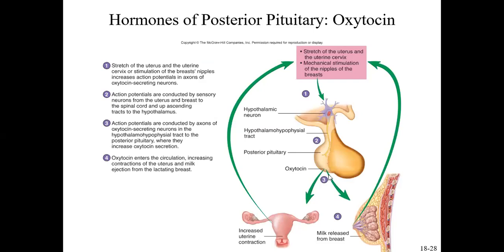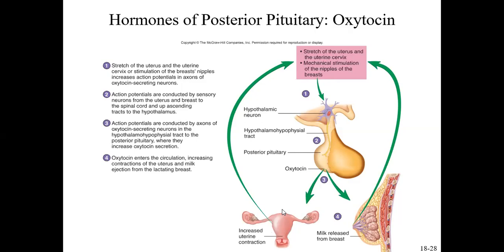It's secreted when a reflex action takes place. During childbirth, the baby that's being born pushes on the uterus, which is smooth muscle, and that sends information up to the hypothalamus. So stretch of the uterus sends information up to the hypothalamus, and that sends a signal to secrete oxytocin. Oxytocin increases more uterine contraction.